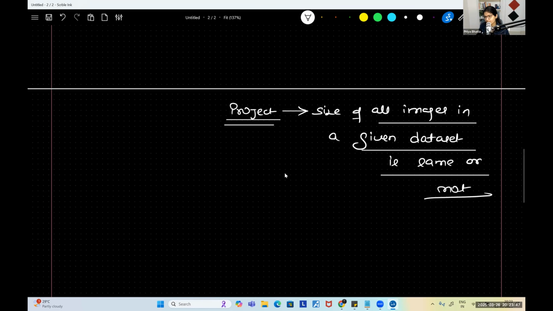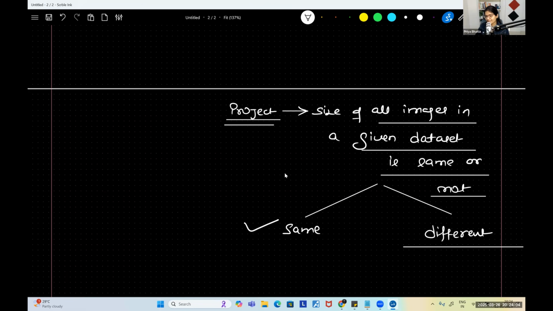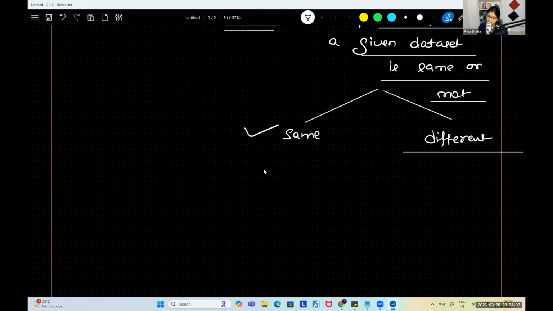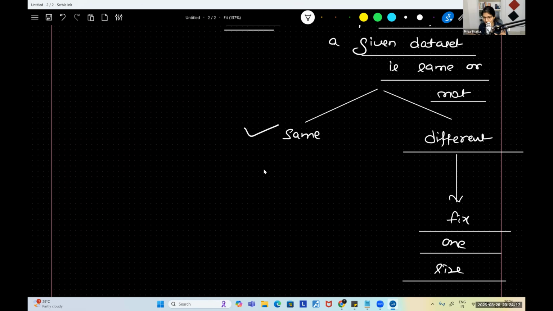And if the size is not the same, then there are two options. Either the size is the same, then you can work further, there is not an issue. If the size of each and every image available in your training set is different, in that case, you need to first of all fix one size for all the images.